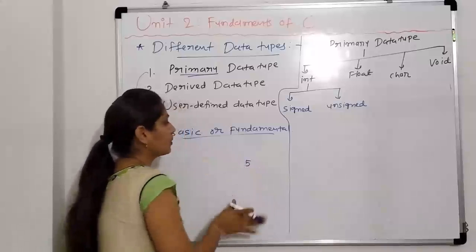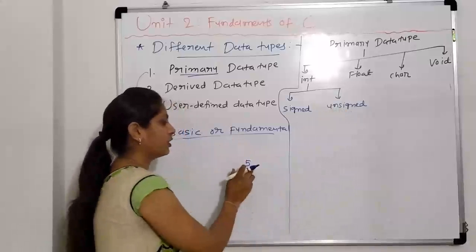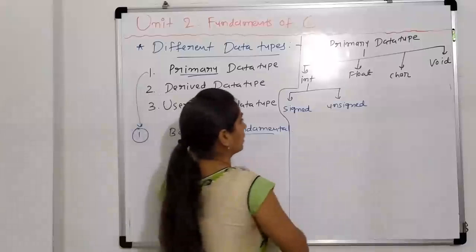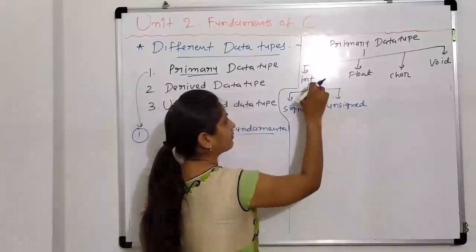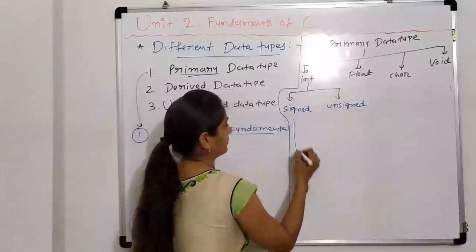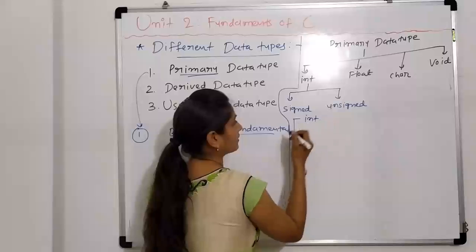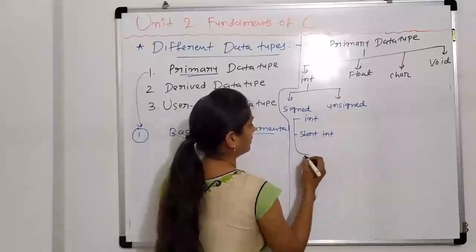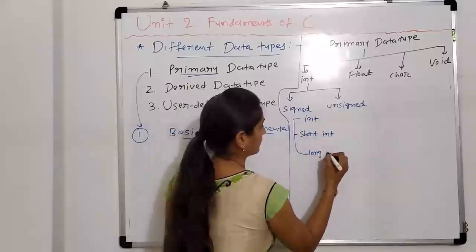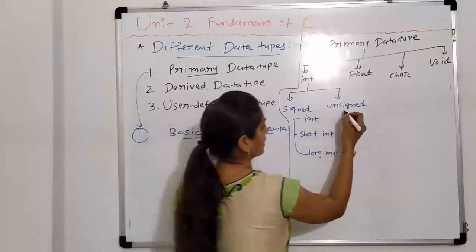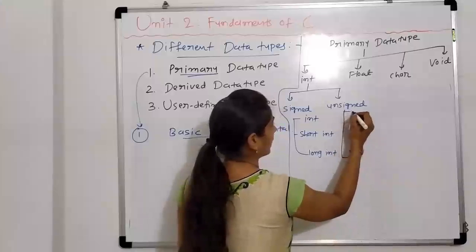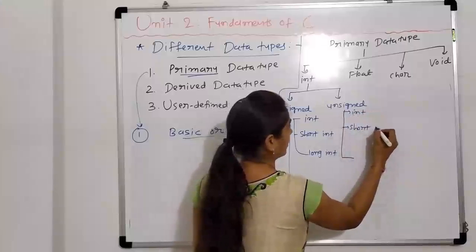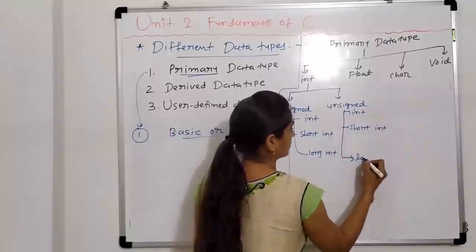But suppose no sign, unsigned, then only positive values are possible. So two types of category for integer, signed and unsigned. Signed is again divided into three parts: integer, short integer and long integer. Unsigned is again divided into the same three parts: integer, short integer and long integer.